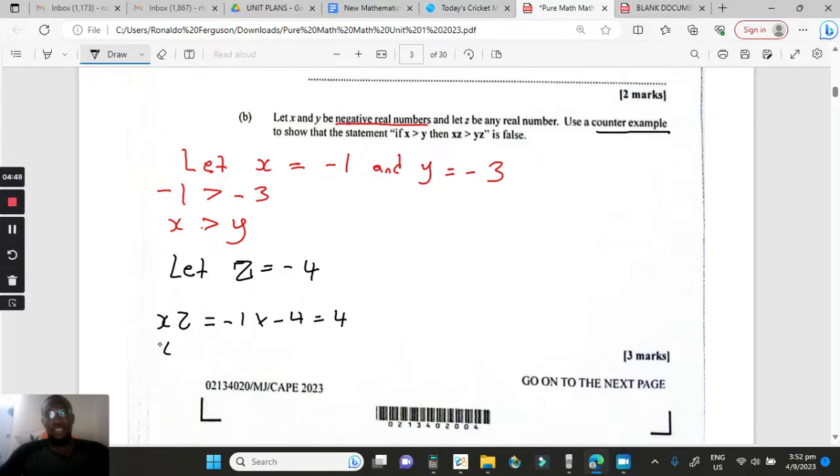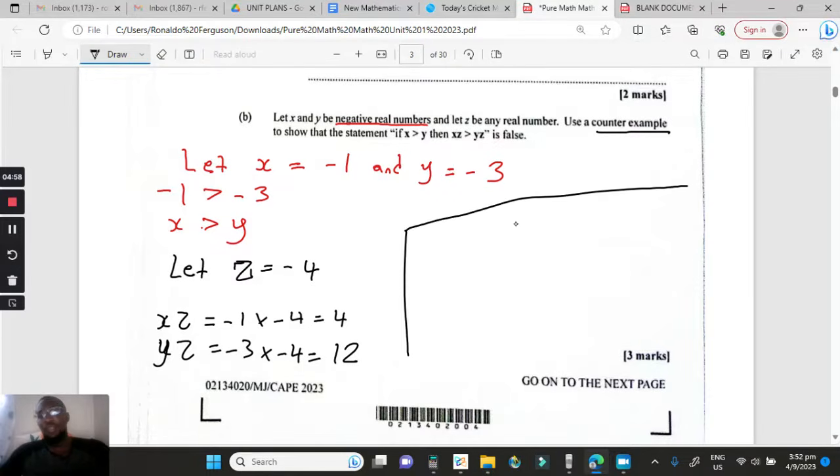And then y times z would be equal to negative 3 times negative 4, which is 12. Now in this case, what can we conclude? Is x times z greater than y times z? No, that's false because 4 is not greater than 12.